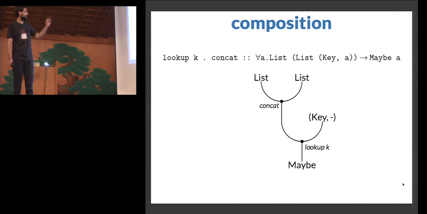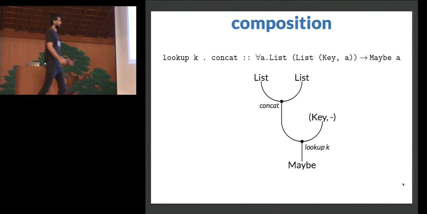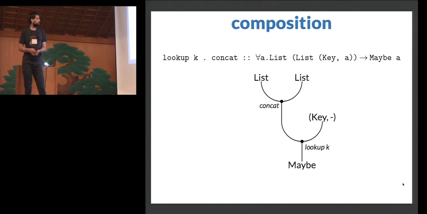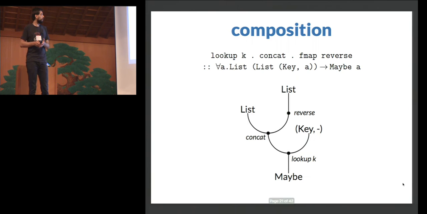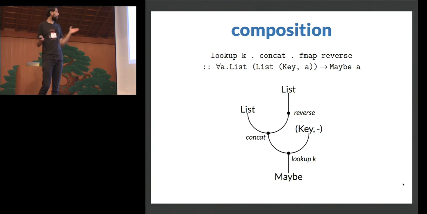So the fact that concat is polymorphic means that we don't care what is on this side of this string. So it could be key paired with something or any other functor or maybe nothing, right? So another example. If we want first, for example, to reverse the inner lists, right? So we want to encode a function like lookup K after concat after fmap reverse.